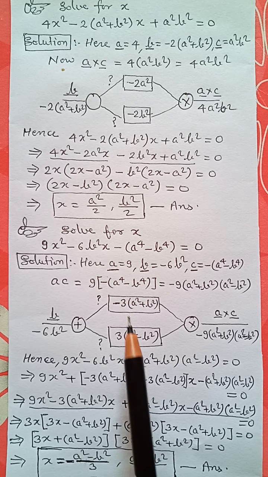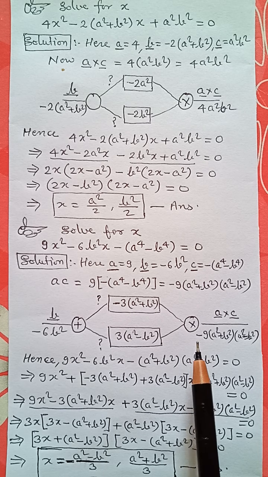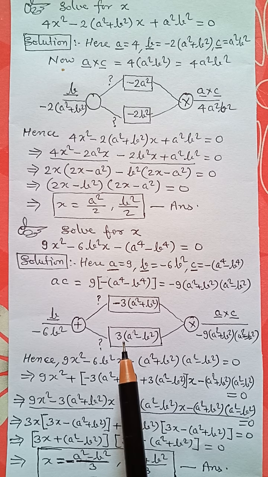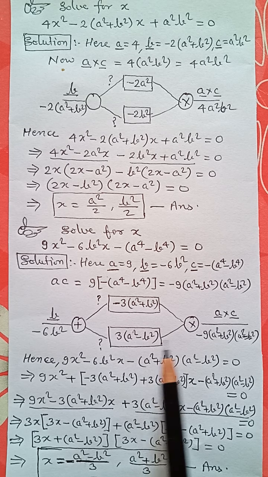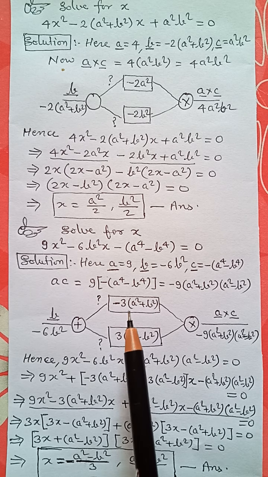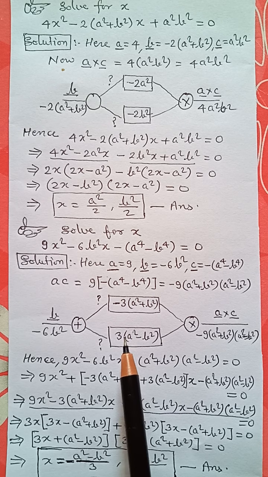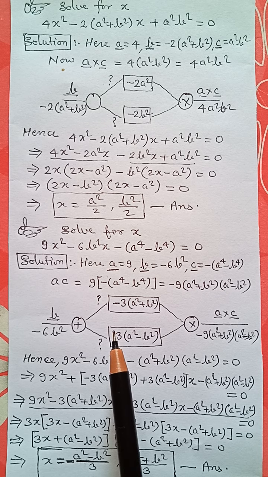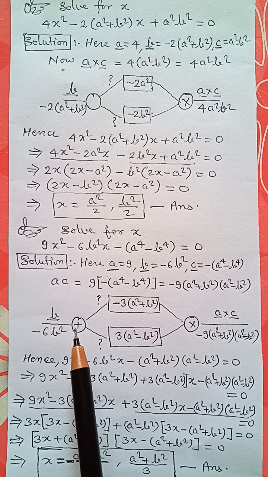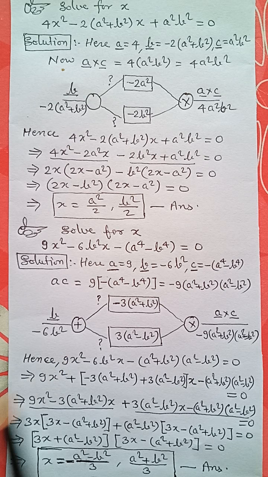Now let us see the product. −3 multiplied by 3, that is −9, and (a² + b²)(a² − b²). Therefore these two numbers are going to work as the two splits of the middle term.